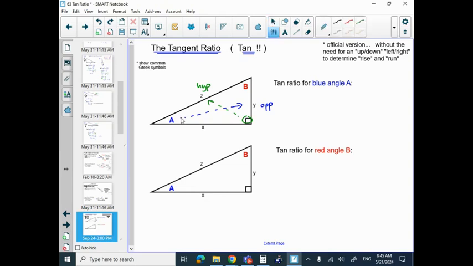But at least now the only other side left is your adjacent. That comes up more naturally when we're doing the other ratios where you're dealing with all of the sides. But so the tangent ratio, we just say, okay, tan of A equals opposite over adjacent. So it's the y over the x in the question, right? So it's based on being the opposite over the adjacent.